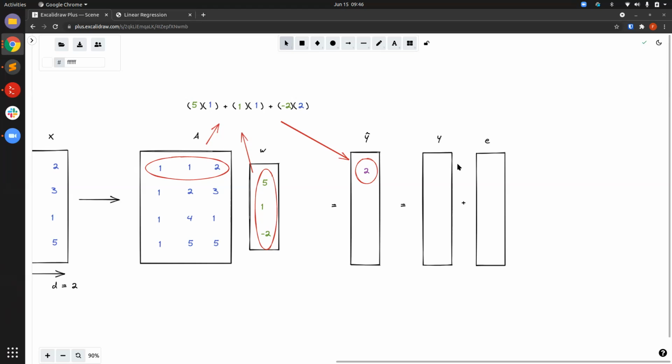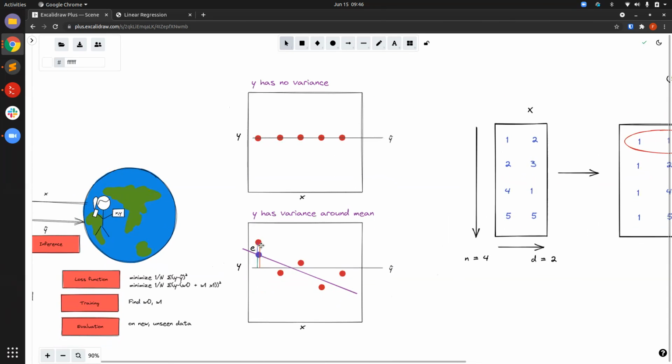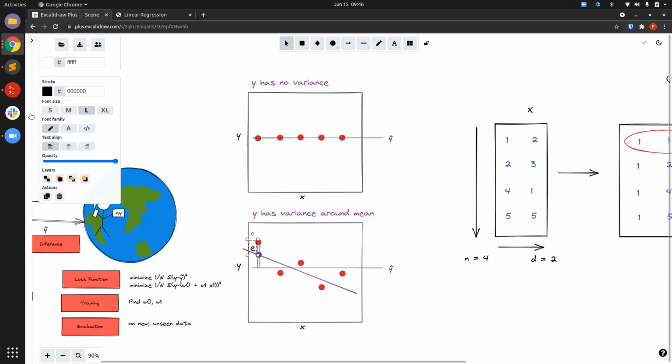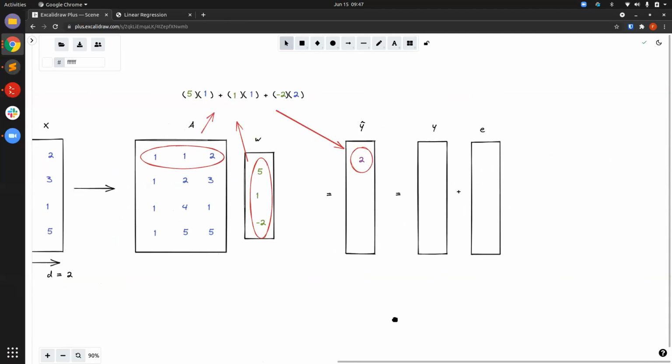So before we represented the residual as the distance between a point and the model prediction line. So here we said, let's say this blue value, which is the distance between the point and the model prediction, is the residual. What does a residual look like in multiple dimensions?